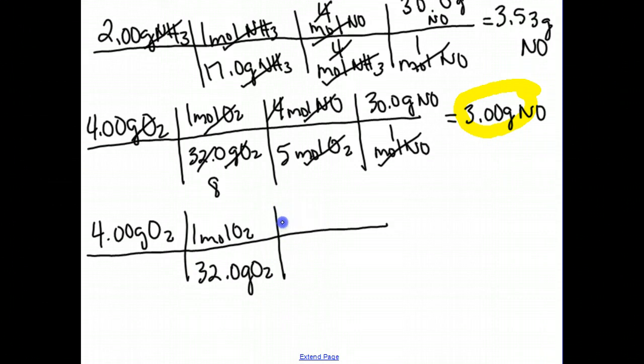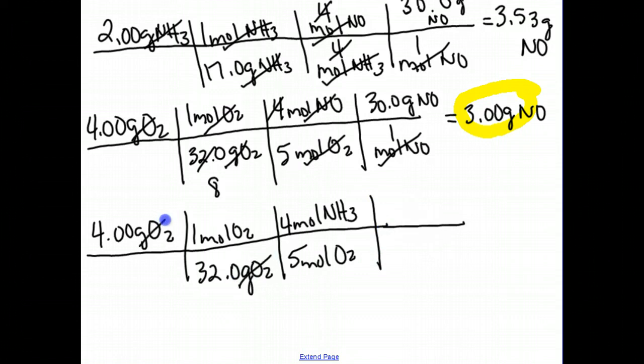Our mole-to-mole ratio, 4 moles NH3 for every 5 moles O2. Next, we're going to multiply it by our molecular mass of NH3. So grams O2 and grams O2 are going to cancel. Moles O2 cancels.